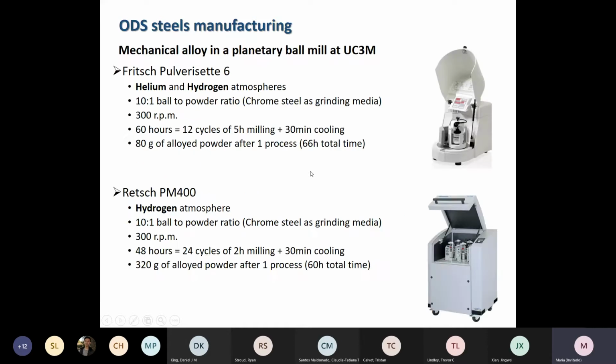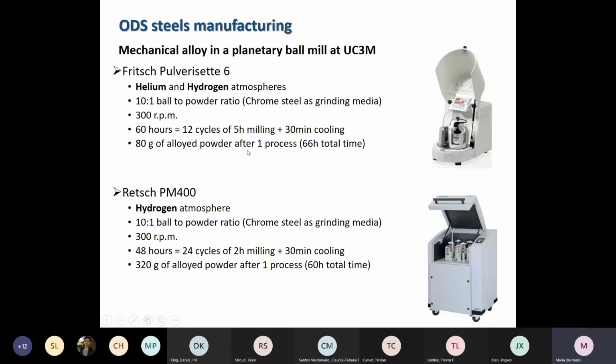Okay, so we attempted this, and we used these two pieces of equipment at Carlos III. The first one was a planetary ball mill with only one vessel. So if you see here, it just took forever to get 80 grams of alloy powder.